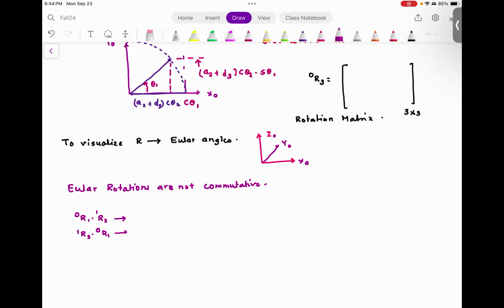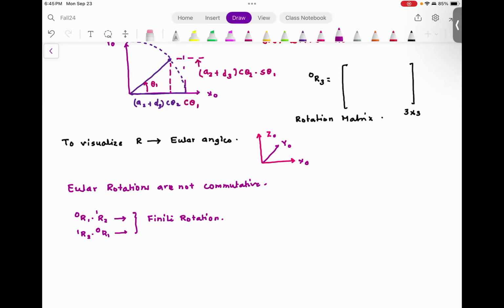Rotations are not commutative. Now the problem here is these rotations are called finite rotations. Finite rotations are not commutative, but infinitesimal rotations, extremely small rotations, are commutative.